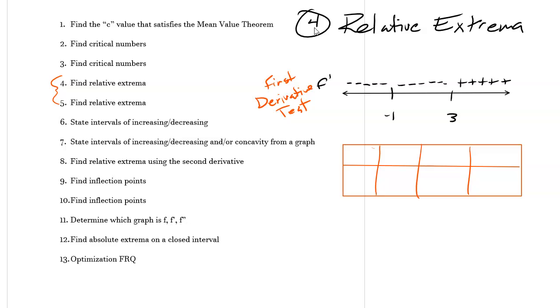Okay, a table. The question is going to involve the first derivative test. Draw that. On the test I wrote intervals, so in a table I wrote negative infinity to negative 1.